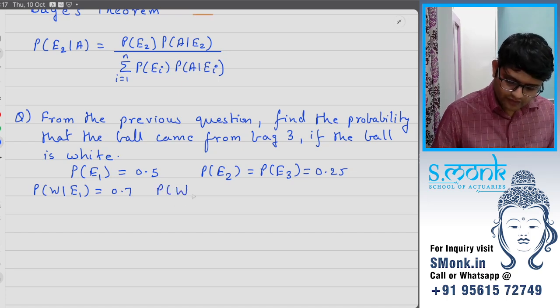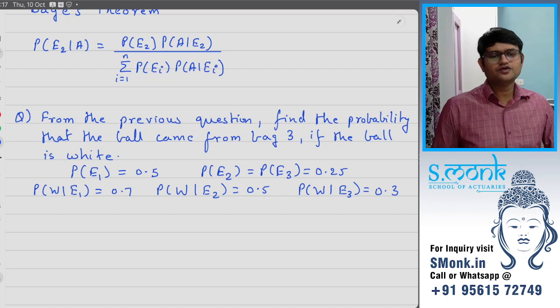Probability of white ball given E2 was 0.5, and probability of white given E3 was 0.3. Right, this was the given information.